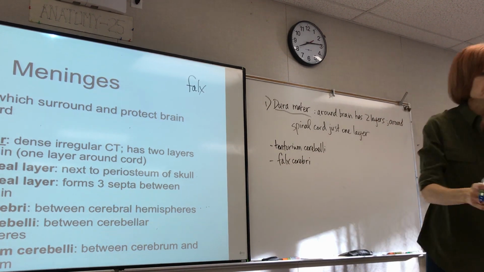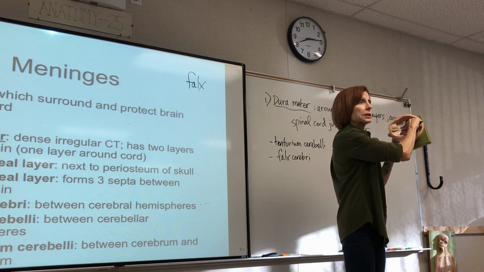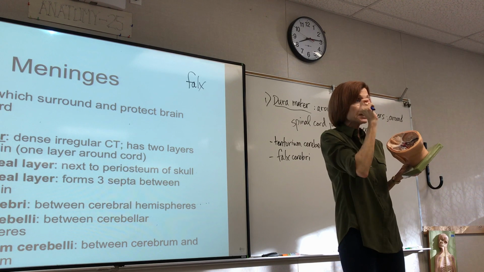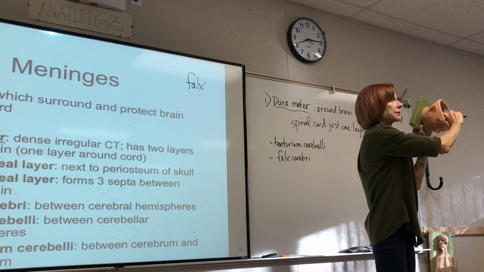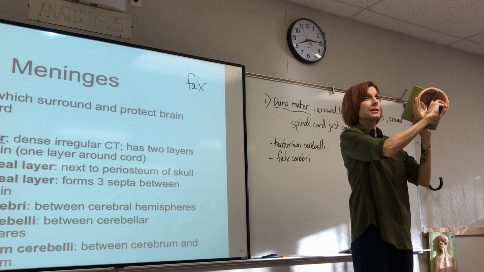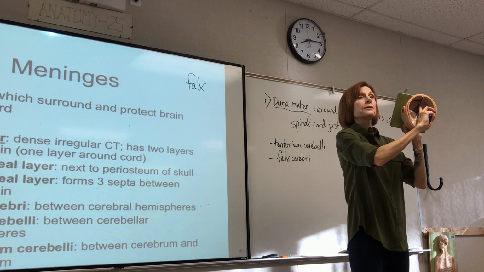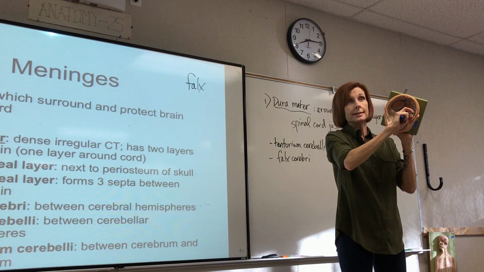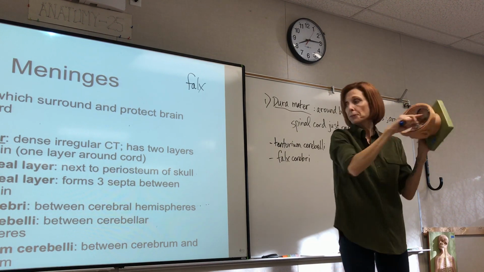Now, the longitudinal fissure extends down here between the cerebellar hemispheres also. So we have a little piece of dura mater that comes up right here. It's very, very short. You have to look at the base of the model here to see this. There's a little piece of dura mater here that is called the falx cerebelli. So it's basically the same as the falx cerebri, but it's between the cerebellar hemispheres.